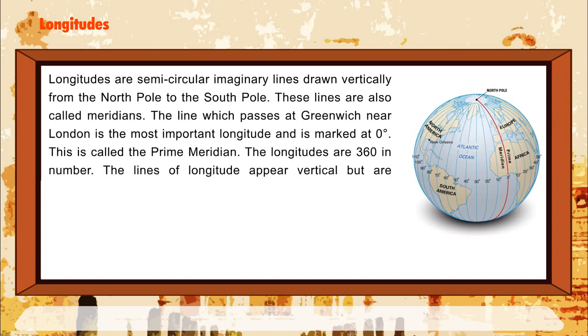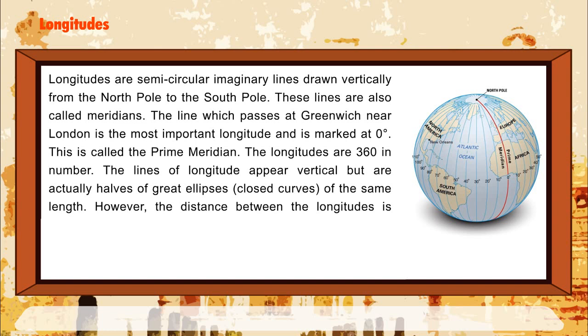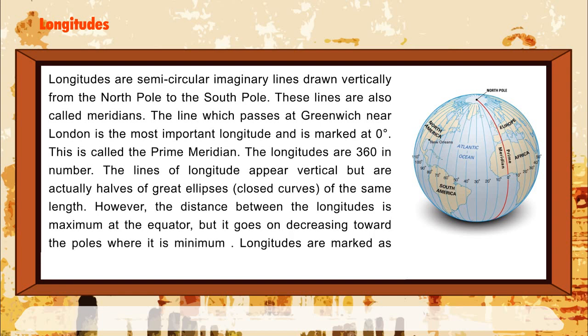The lines of longitude appear vertical but are actually halves of great ellipses, closed curves of the same length. However, the distance between the longitudes is maximum at the equator, but it goes on decreasing toward the poles where it is minimum. Longitudes are marked as 180 degrees east and 180 degrees west of the prime meridian.